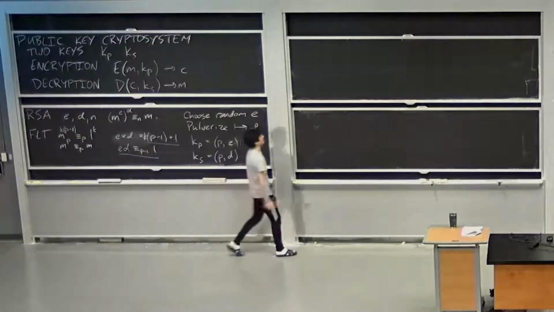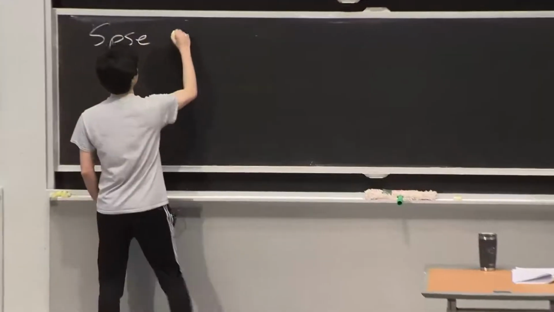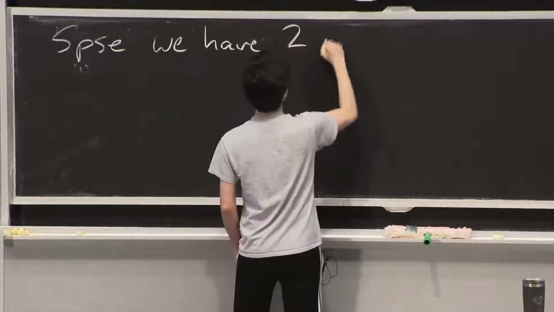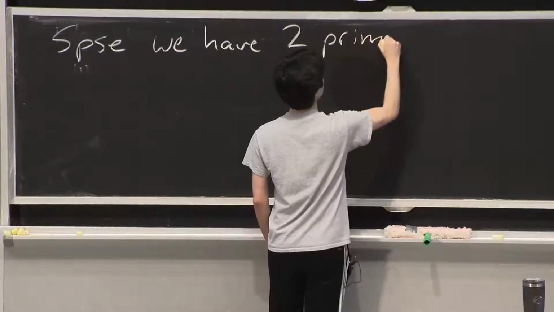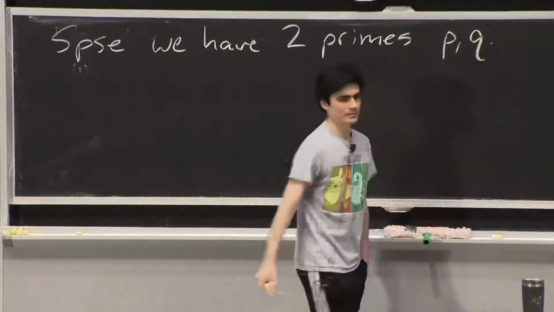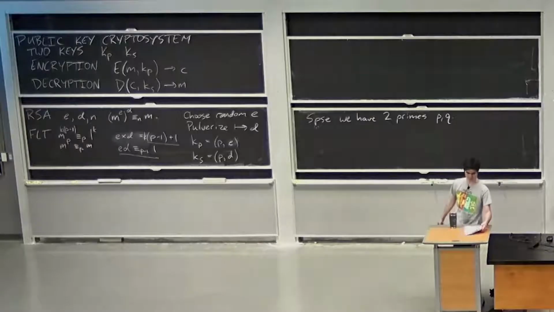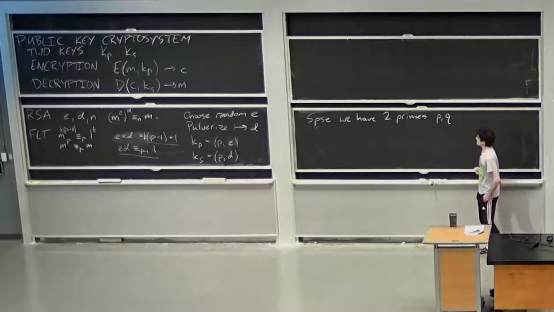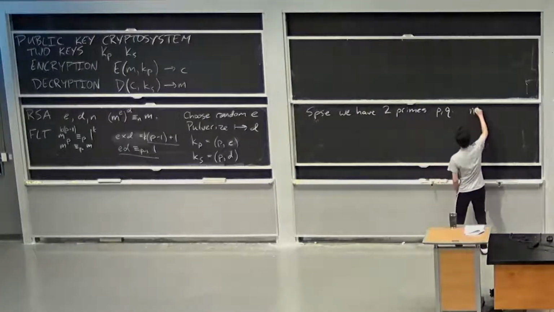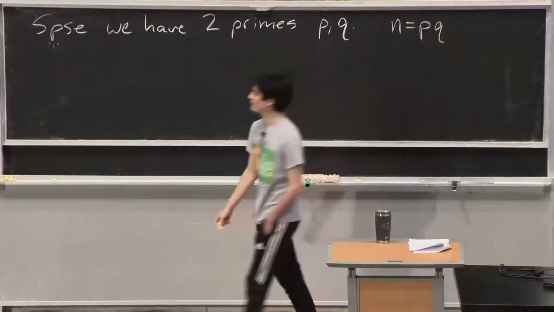Well, instead of using a single prime, suppose we have two primes. So let's call them P and Q. Okay. And now our n is going to be their product, P times Q. Okay.